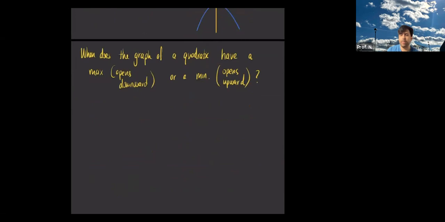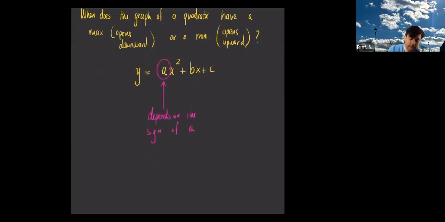And the answer is very, very simple. It depends upon ax squared plus bx plus c. It depends upon the sign of the leading coefficient. So it depends on the sign of a. So what happens if a is positive?